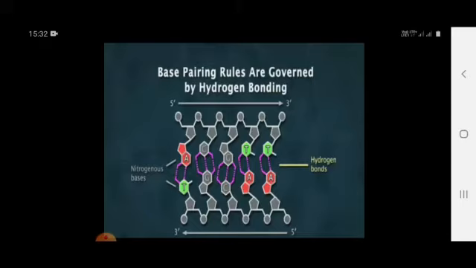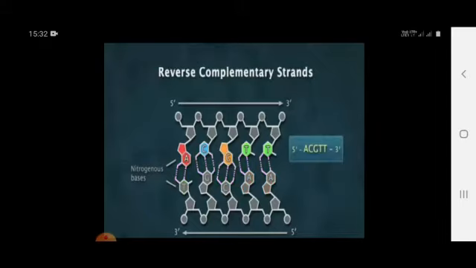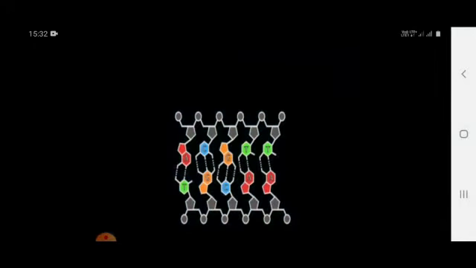Always adenine pairs with thymine and cytosine pairs with guanine. So these are all reverse complementary to each other. ACGTT always pairs with TGCAA. So with one strand we can formulate the other strand, as it has the reverse complement.